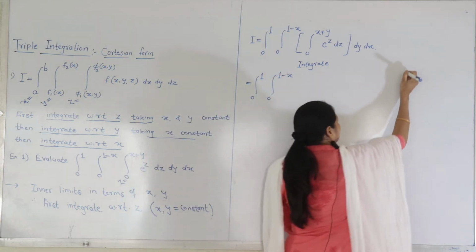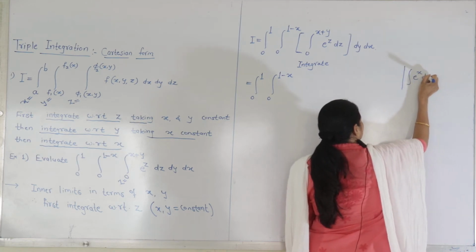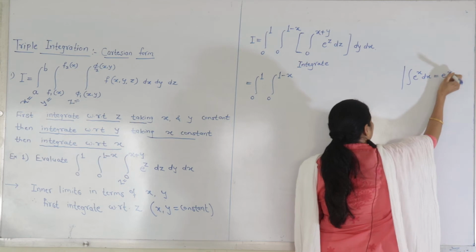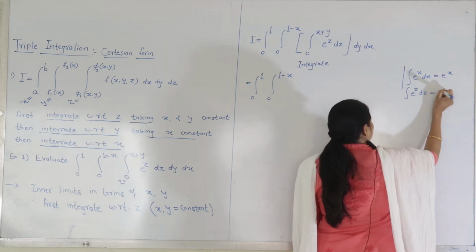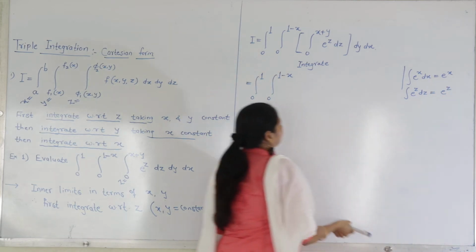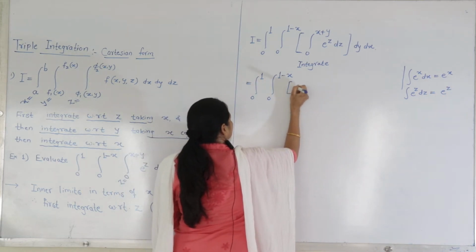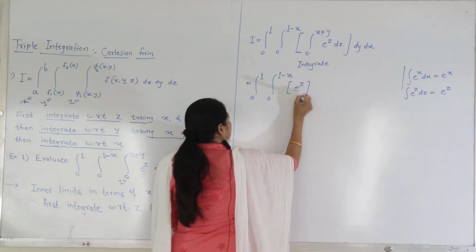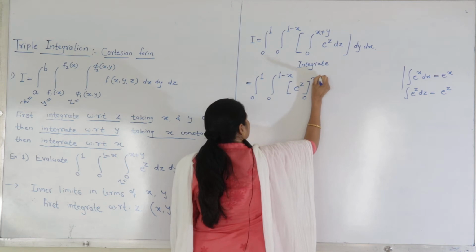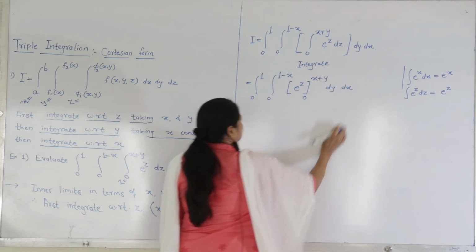Now see, integration of e raised to z dz is e raised to z. Then limits 0 to x plus y, dy dx.